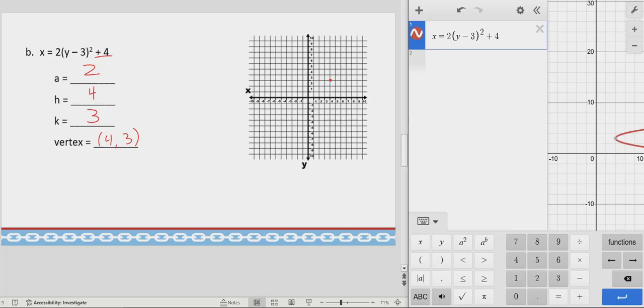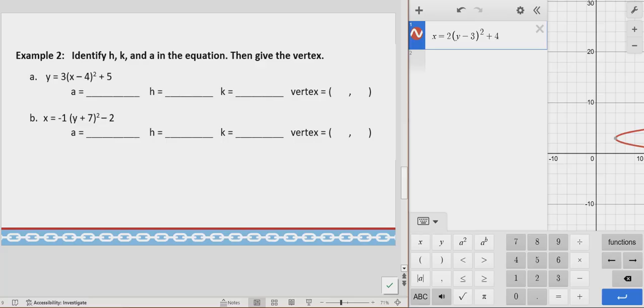And we see this sideways parabola laying on its side. Not a very good sketch there by me, but right, we see it opening this way because it's x equals. A positive a value means the opening is going to be to the right.